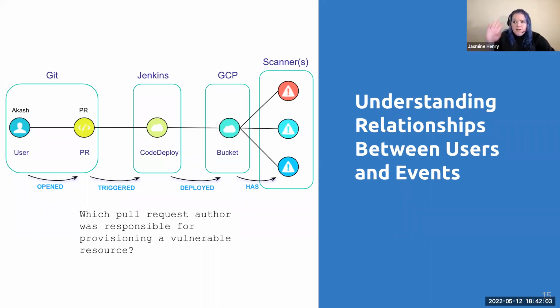In the example here, they're using Git, Google Cloud, and Jenkins to deploy the code, and then they've got a couple of different scanners running over production. So this type of cross-system, cross-node query that looks at multiple pieces in a graph is really the interest and value, and it allows you to answer complex questions relatively quickly.